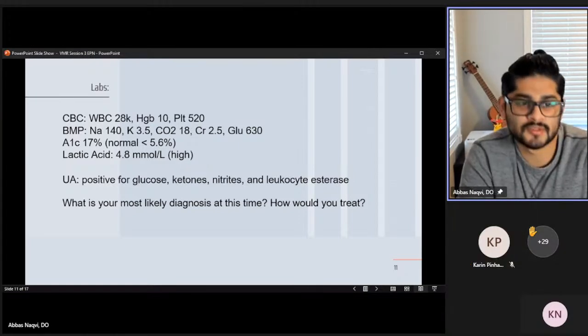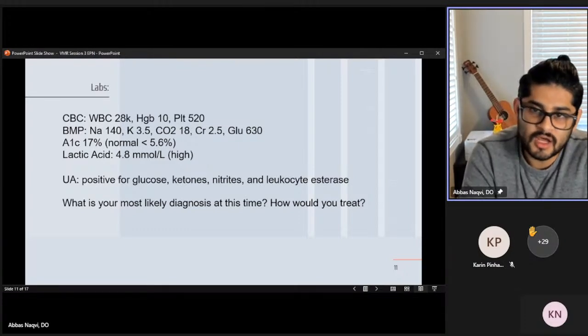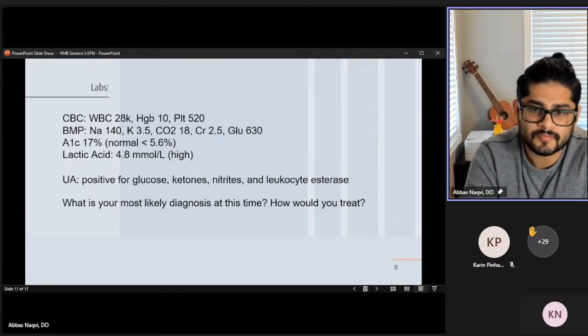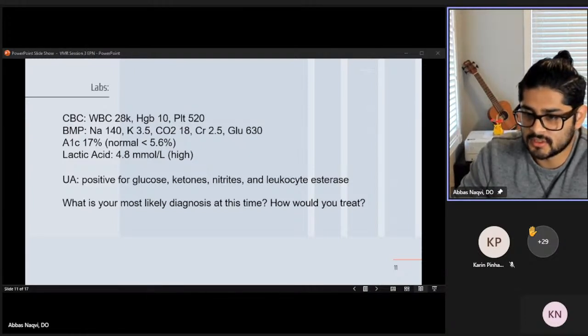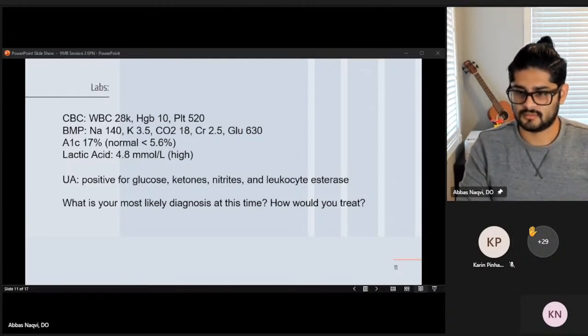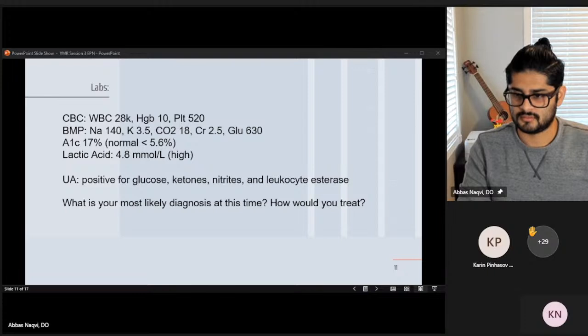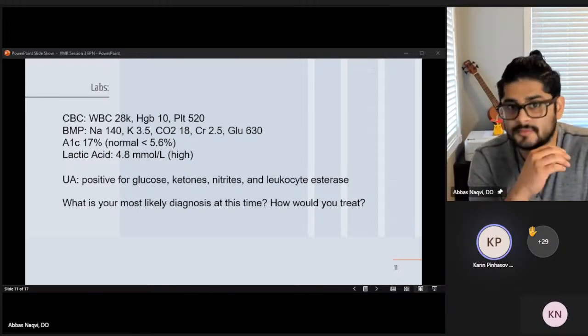So absolutely. So with all of this, I mean, there's a lot of information here. What is your guys' diagnosis? What would you diagnose this patient with? I would say some kind of infection because the creatinine is pretty high too.